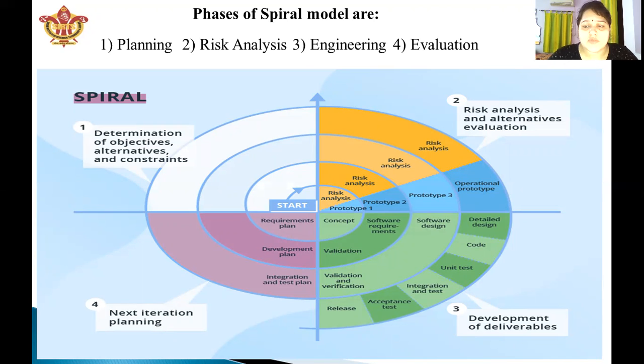After the completion of the second phase, we come to the third phase, which is engineering. This is also called the development of the deliverable. In this phase, the development, that is the coding of the software, is completed, and testing is completed at the end of this phase, right?